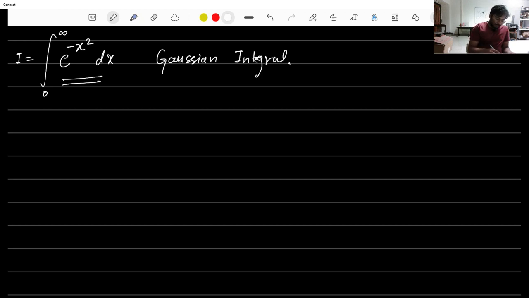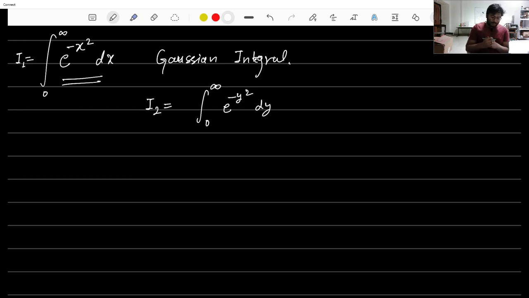Suppose this is I1, and we write here another integral of the same kind, 0 to infinity e to the power minus y square dy. So I1 and I2 are both one-dimensional Gaussian integrals, and x and y are different, independent coordinates.